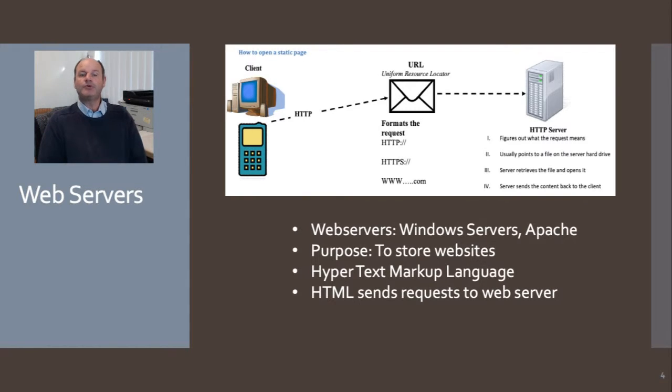To be able to access these websites, your computer sends a hypertext transfer protocol, an HTTP message, to receive the web pages and the content contained on these web pages. Once that request has reached the web server, it will retrieve and open the requested file and send the content back to the client using an HTTP reply.